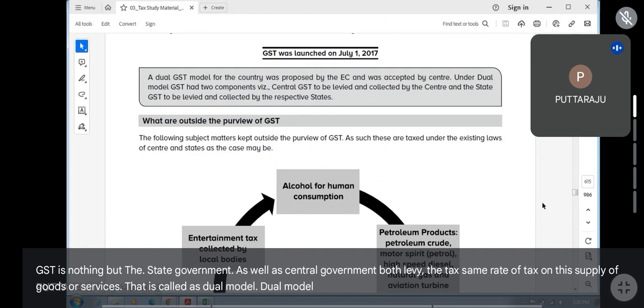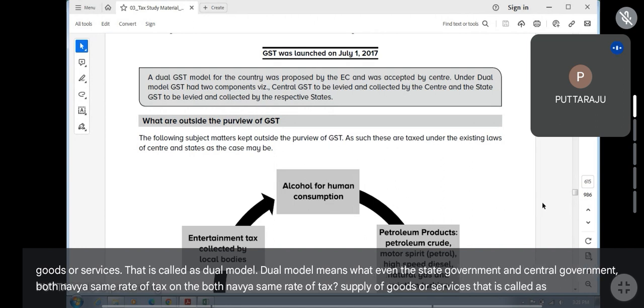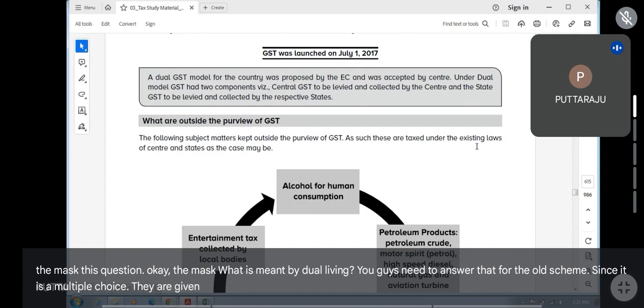They may ask the question: what is meant by dual levy? You guys need to answer that. For the whole scheme, since it is multiple choice, they have given the alternatives. You need to tick the appropriate ones.